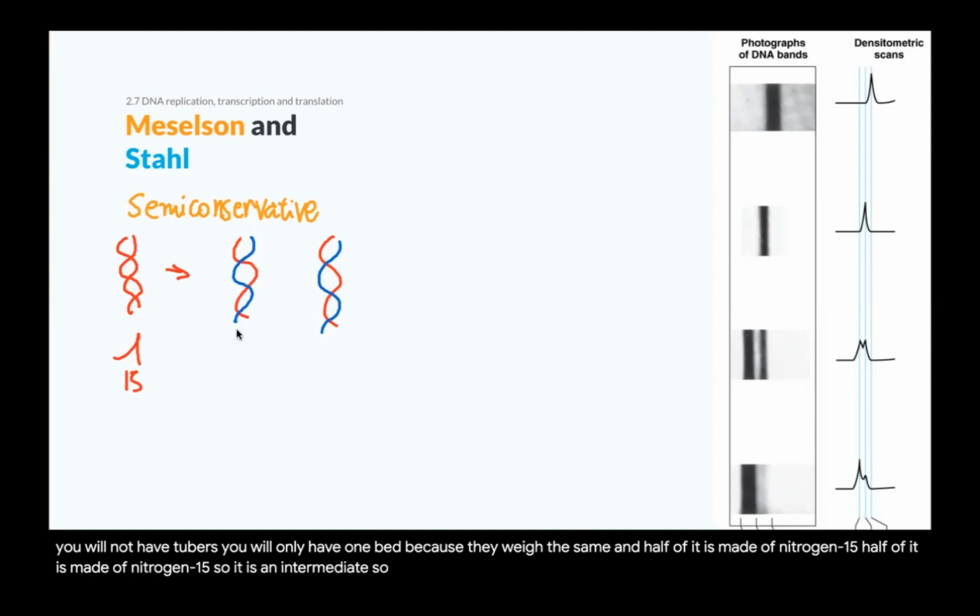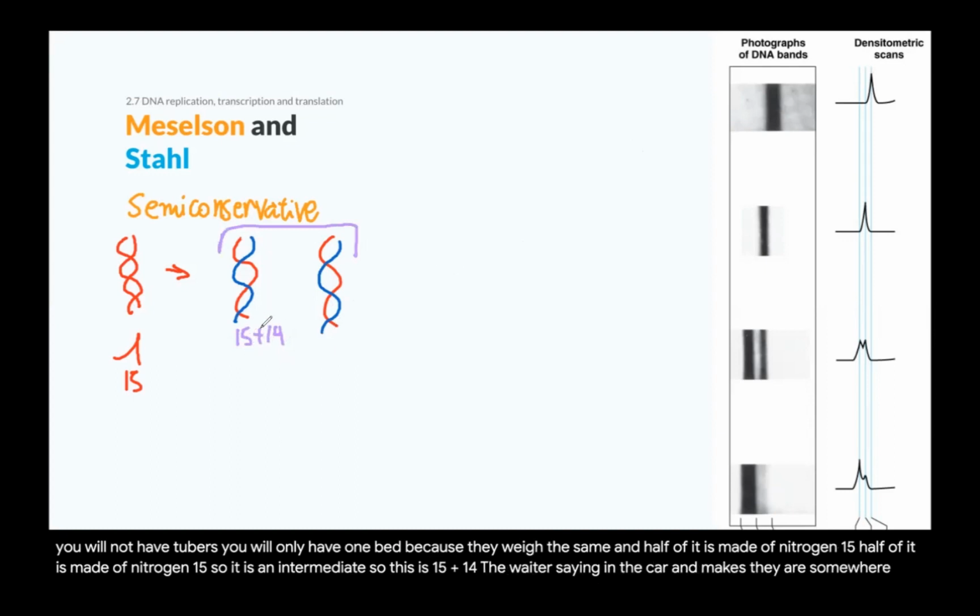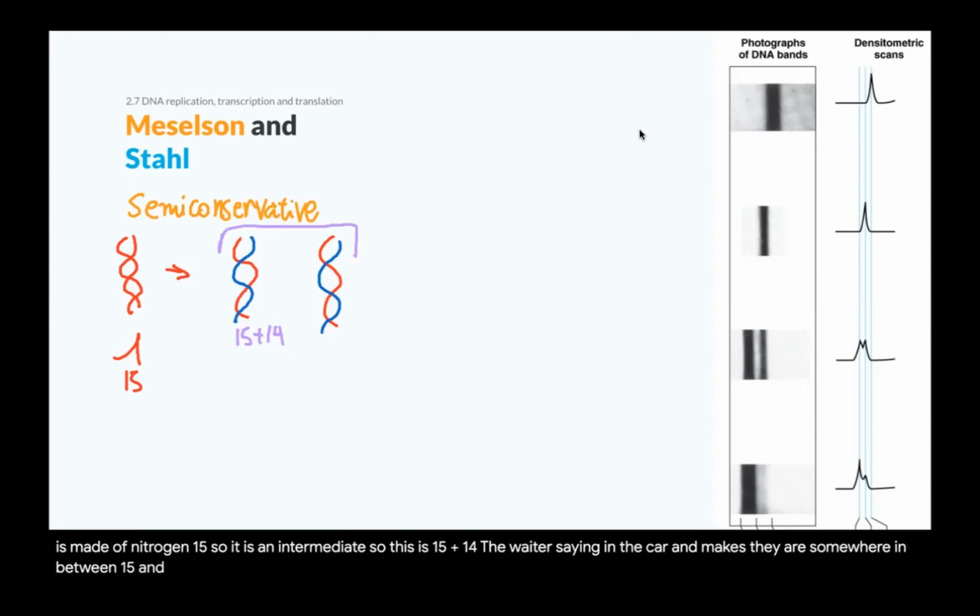So this is 15 plus 14. Both of these, they weigh the same, and they are a mix. They are somewhere in between pure 15 and pure 14. So this is why you have this peak here, because then you have this intermediate, right? You have this intermediate peak here.